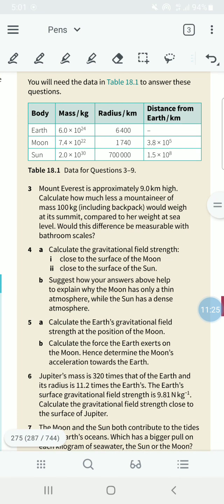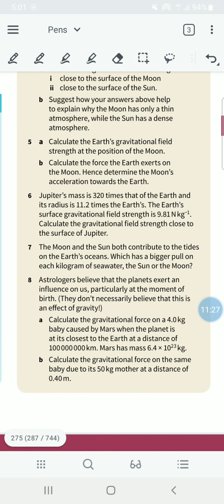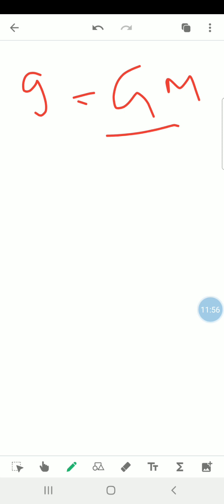Let's go to question number 6. Jupiter's mass is 320 times that of the Earth, and its radius is 11.2 times the Earth's. The Earth's surface gravitational field strength is 9.8 newtons per kilogram. Calculate the gravitational field strength close to the surface of Jupiter. Once again, we have to use the equation g equals GM upon r squared.